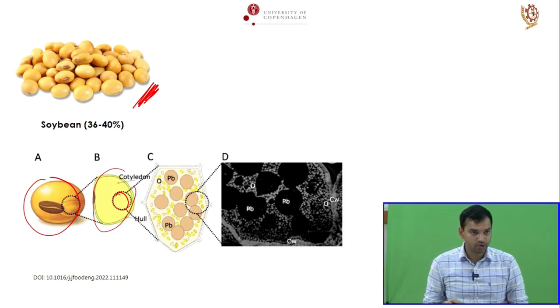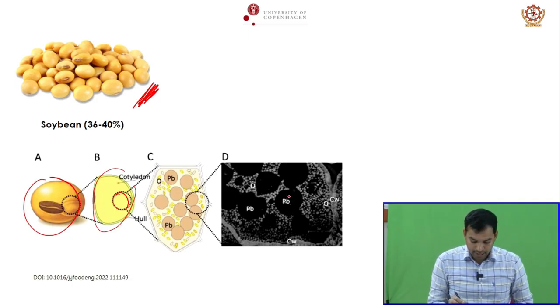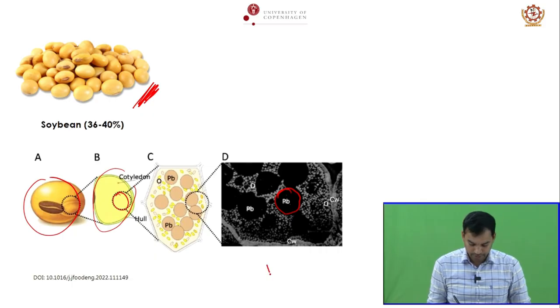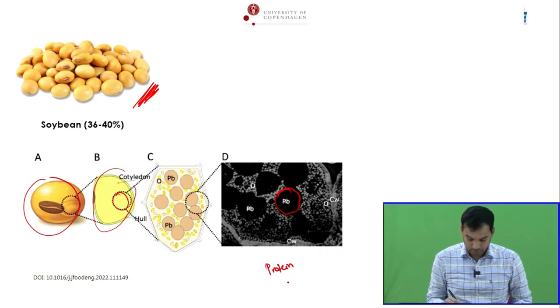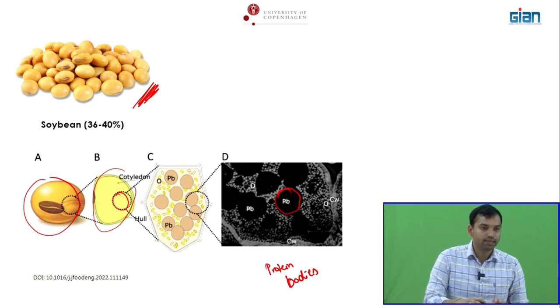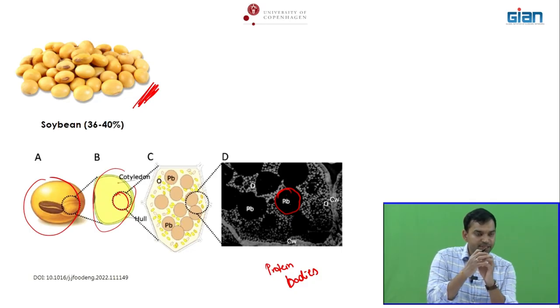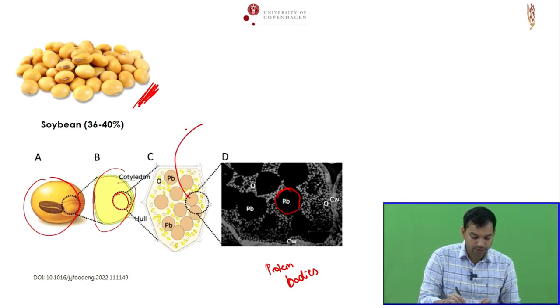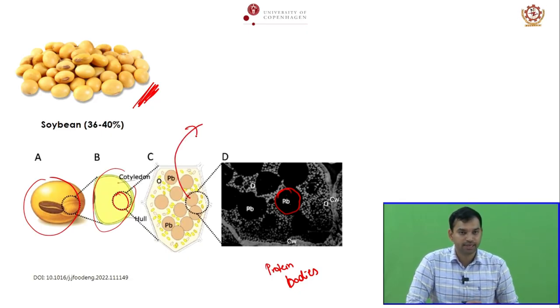Now, this is a microscopic image. The proteins are located in a specialized structure called protein bodies, PB, okay? And it's not spread throughout the structure. It's present in specialized locations as protein bodies, okay? Now, we need to bring them out to get them as a protein ingredient, okay?